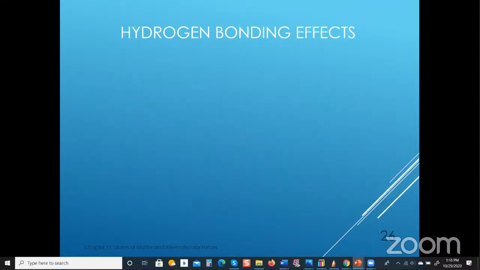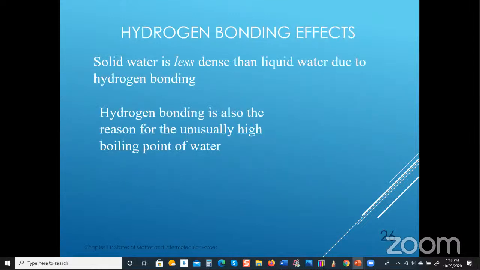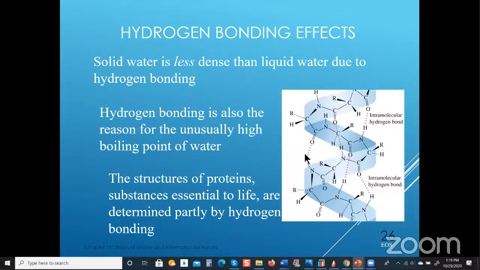Hydrogen bonding is also important when it comes to the DNA molecule. The structures of proteins and DNA molecules are held together by what we call intramolecular hydrogen bonding, meaning you have hydrogen bonding between different parts of the same molecule, right?